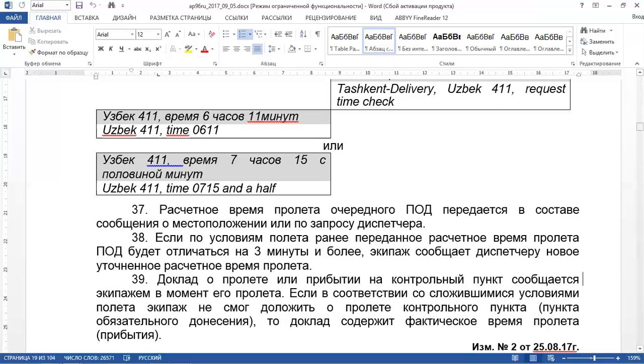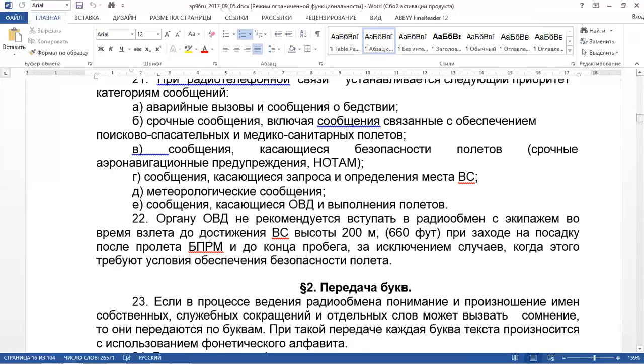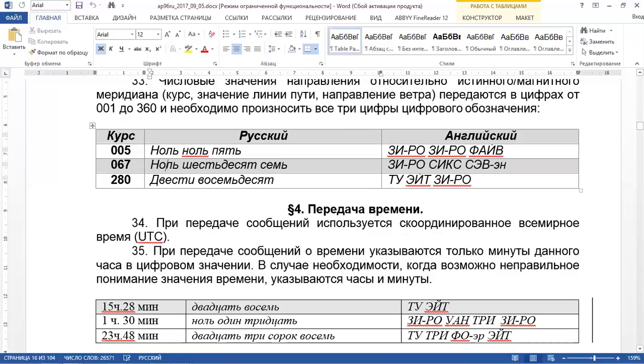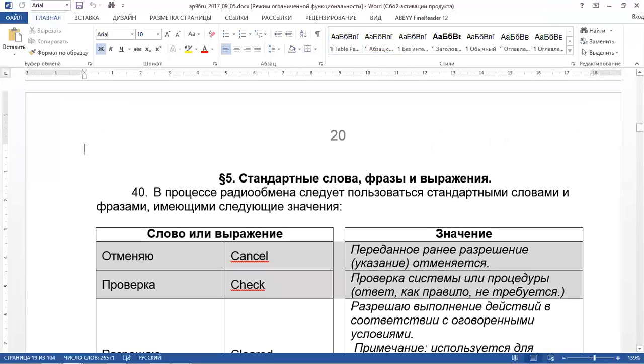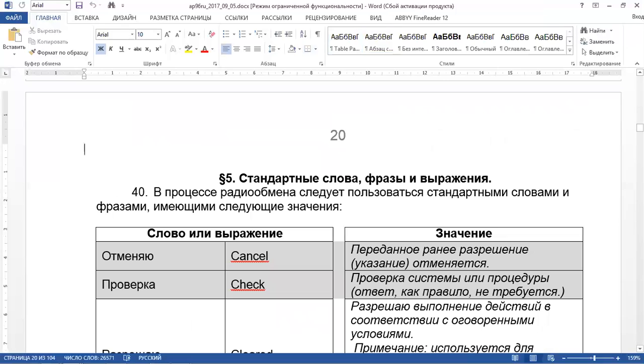I think for today it's enough. Next lesson on Thursday, we can continue with a new lesson: standard phrases, standard locutions, standard words, etc. So now, do you have any questions concerning the lesson?